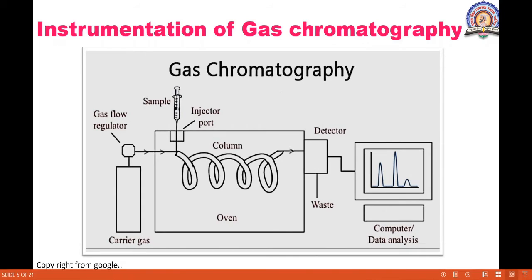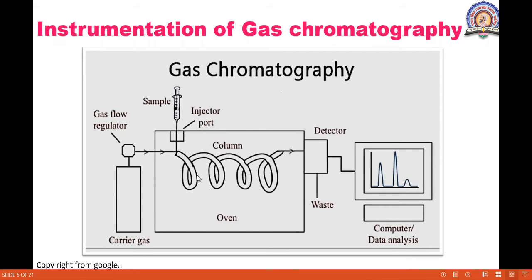Then the important part of this topic is the instrumentation of gas chromatography. Here is the block diagram for gas chromatography. In this block diagram we see the carrier gas, then the second one is the gas flow regulator. Here the sample is introduced, so it is also called the sample port.